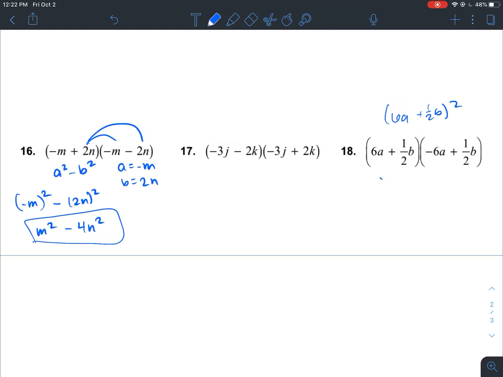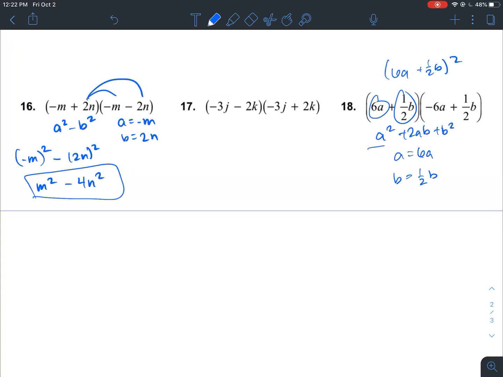So that means it should look like a squared plus 2ab plus b squared, where a is equal to 6a, this term right here, and b is equal to 1 over 2b. So let's plug that into this equation.